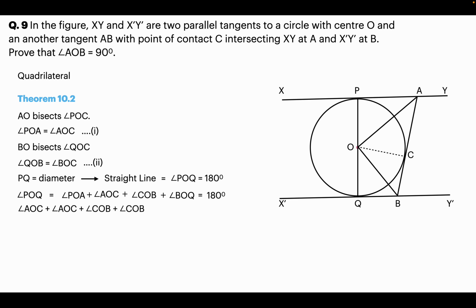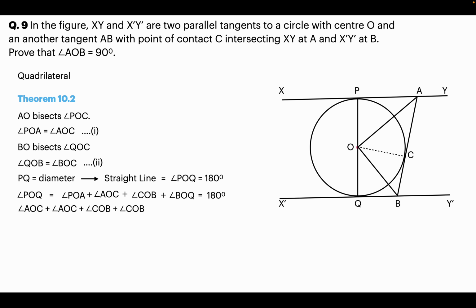And why do I want to replace POA with AOC, not AOC with POA? Because I want to prove that angle AOB is equal to 90 degrees. And if I have this expression in terms of AOC and COB, then I can easily prove that AOB is equal to 90.